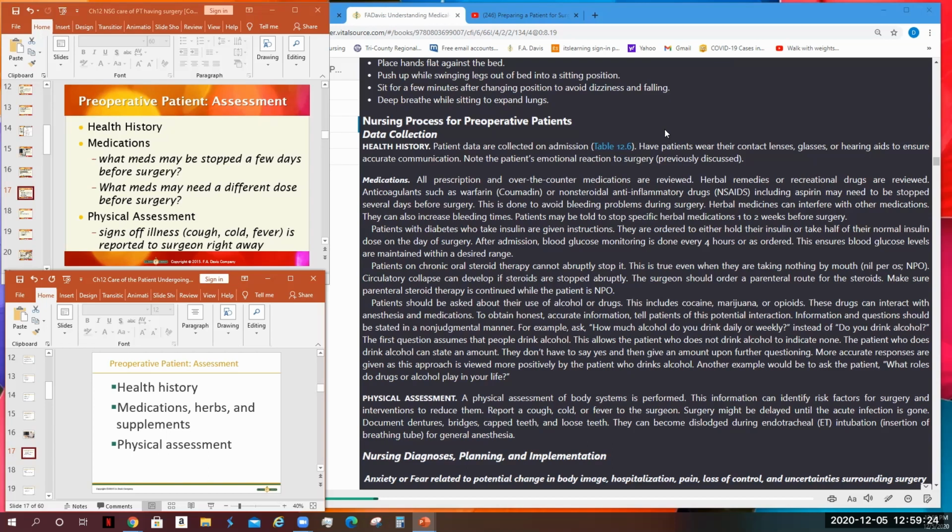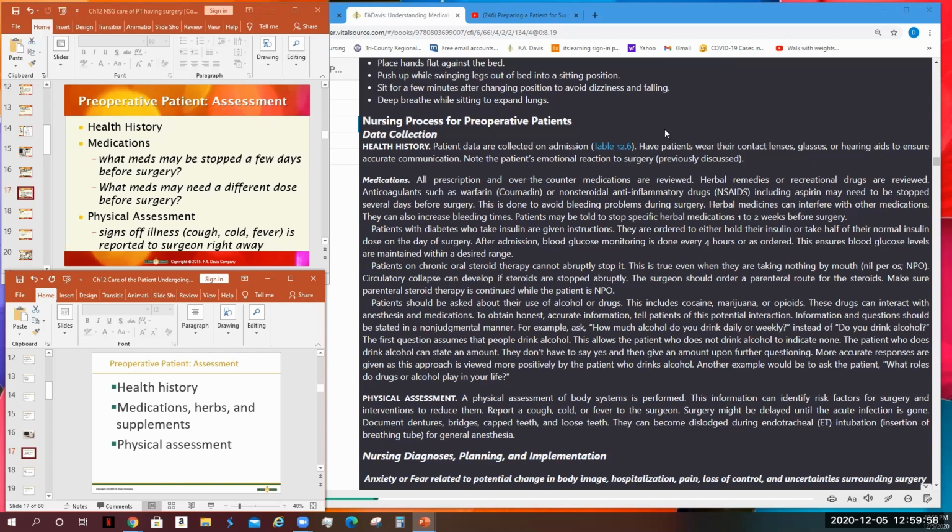Patients on chronic oral steroid therapy cannot abruptly stop it. This is true even when they are taking nothing by mouth, NPO. Circulatory collapse can develop if steroids are stopped abruptly. The surgeon should order a parenteral route for the steroids. Make sure parenteral steroid therapy is continued while the patient is NPO.